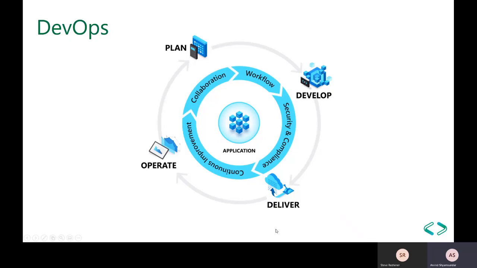Then delivery or deliver is the third bucket. That's the process of deployment in simple terms. This is taking your code and either incrementally updating a target database or deploying the database in the first place, like from scratch.